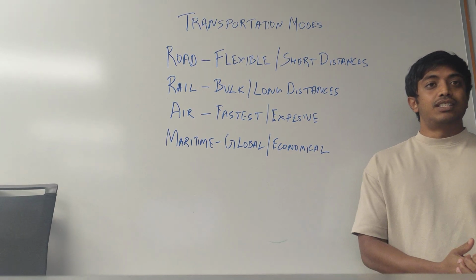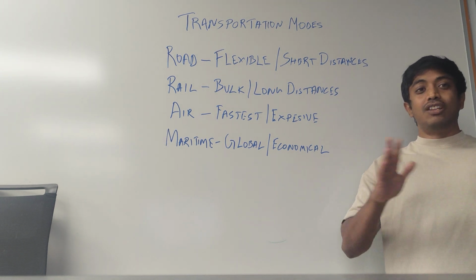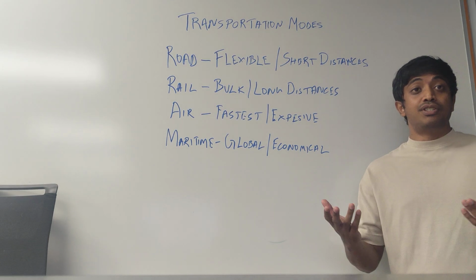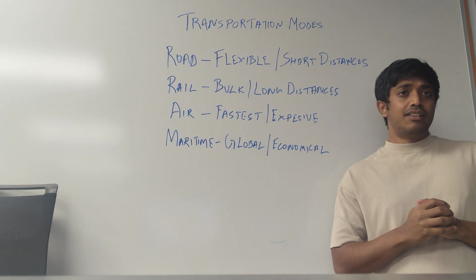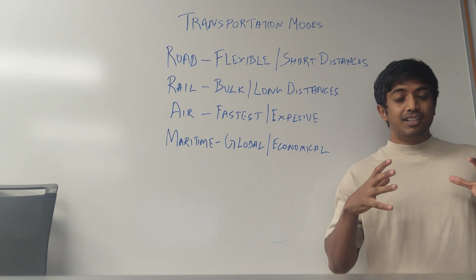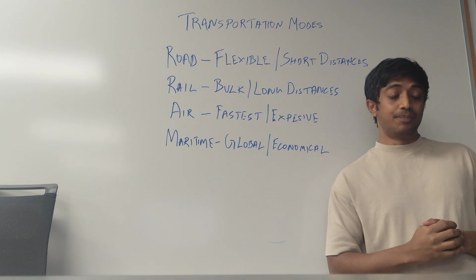Some of the disadvantages are we don't have railway networks to all places. Some cities don't have railway stations, and it is considered a little bit slower compared to road.